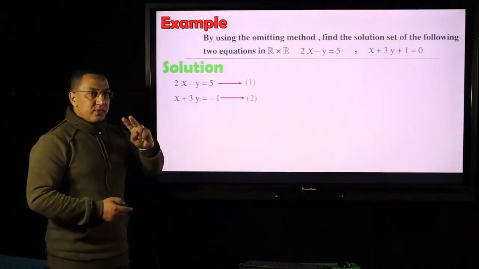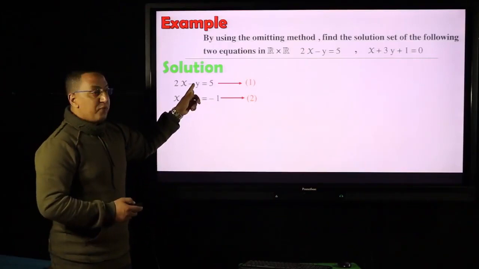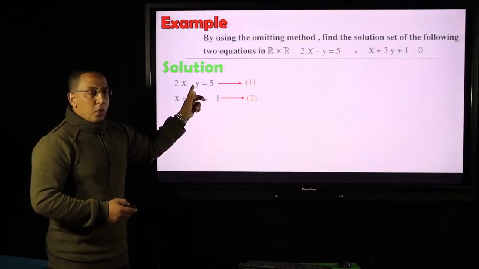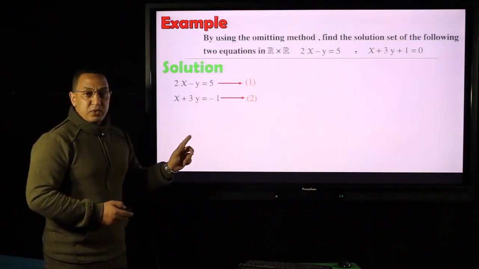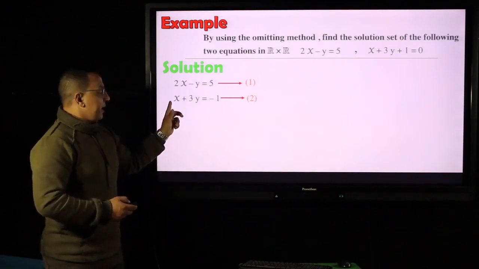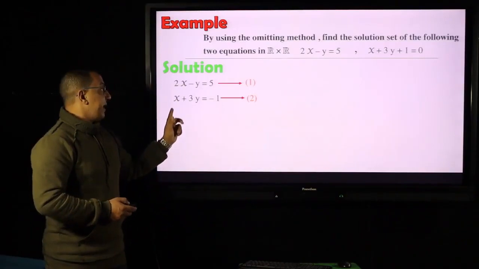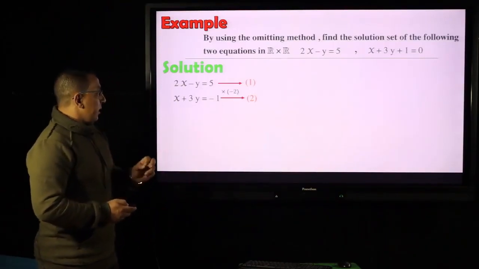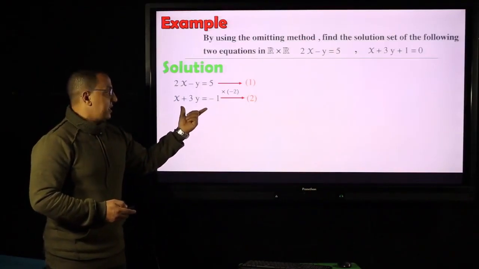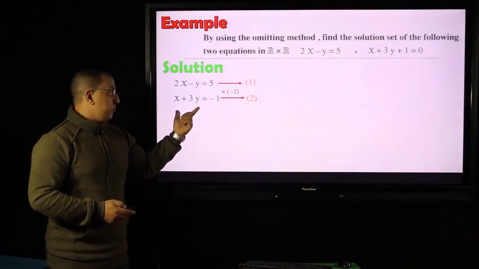So you can solve this in two different ways: multiplying the first one by 3 to make y multiplicative inverse to each other, or multiplying the second by negative 2 to make x multiplicative inverse to each other, like this. Now I will choose to multiply the second one by negative 2.